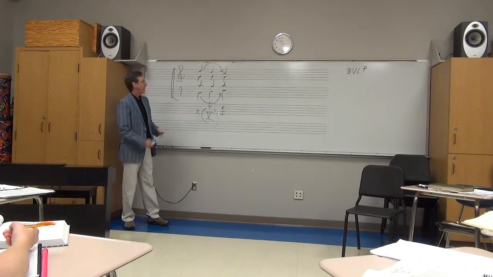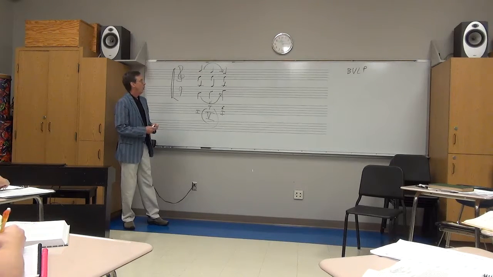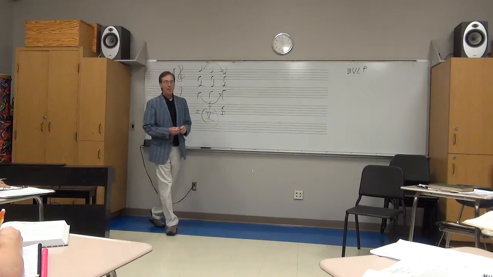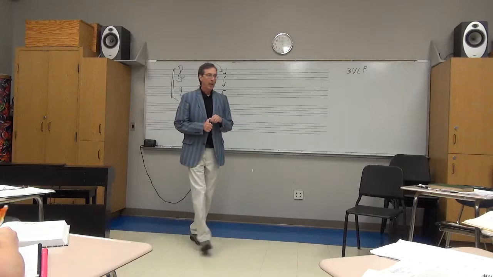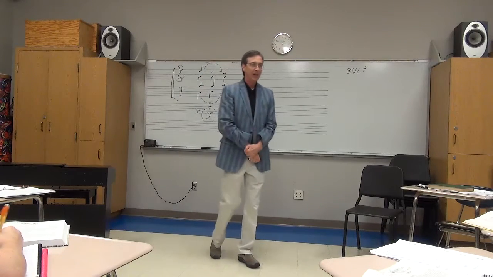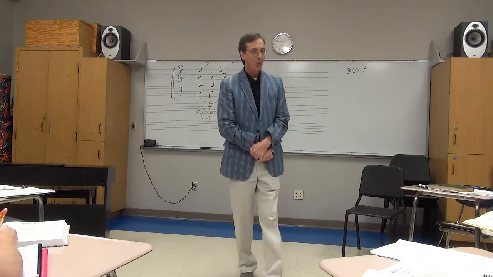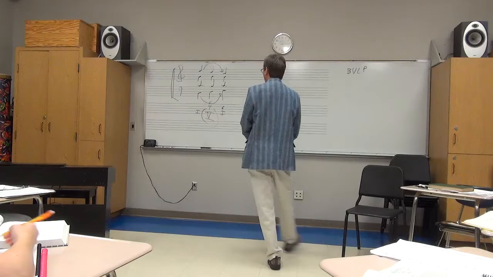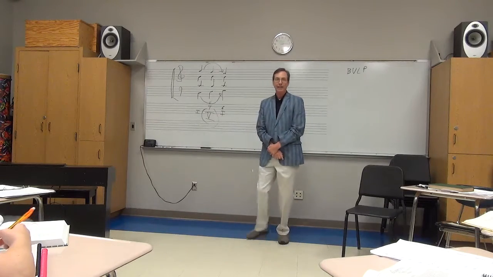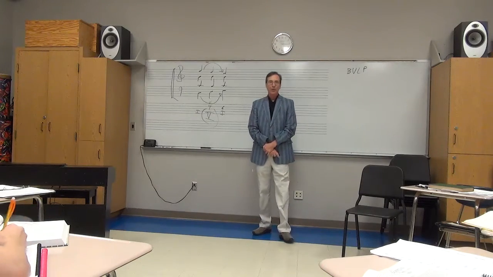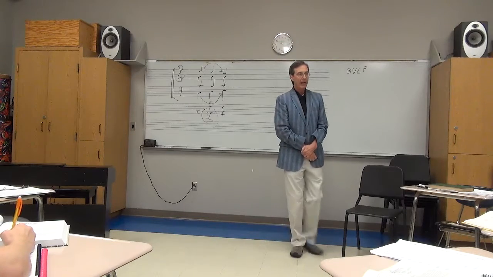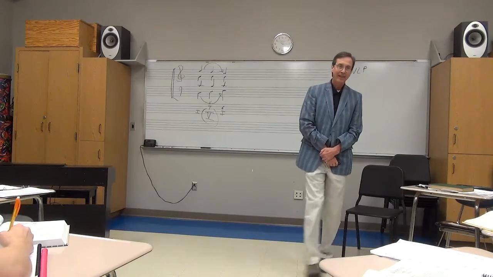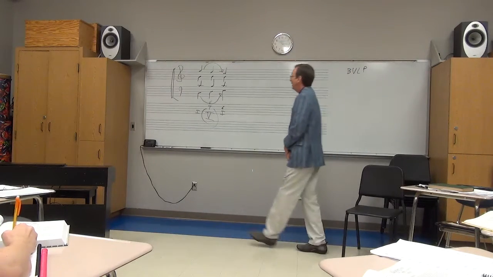Is that clear? So when you have a passing 6/4 chord, you have a voice exchange with the bass and one upper voice. I've used the melody for illustrative purposes. Two, you have one static voice, in this case the alto. Three, you will have one neighbor voice, in this case being the tenor.